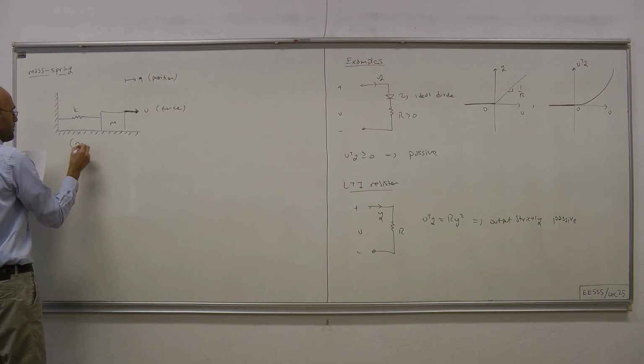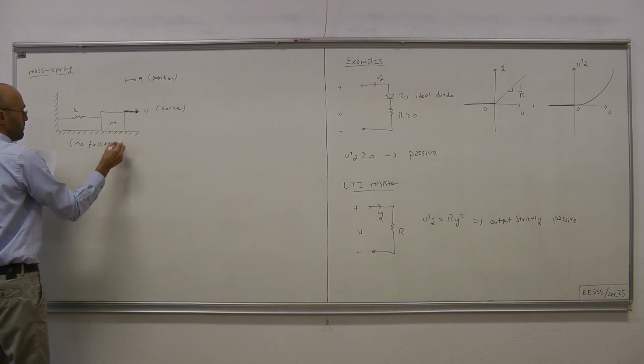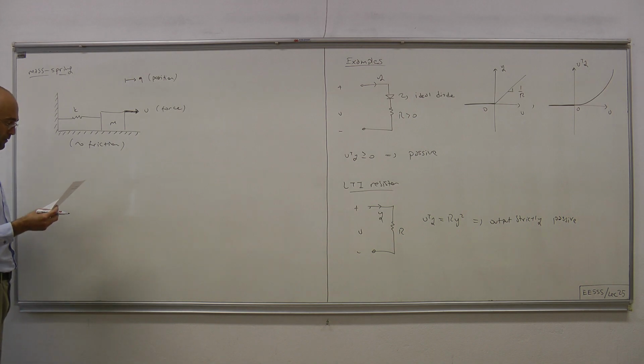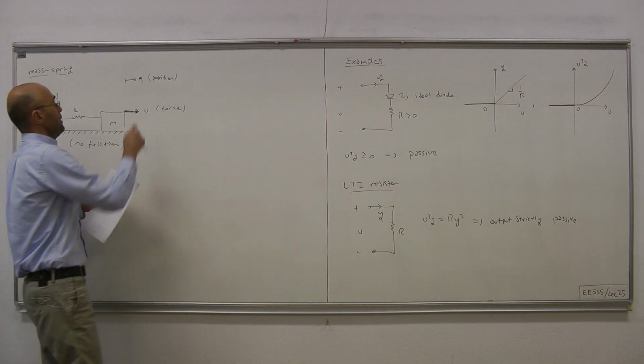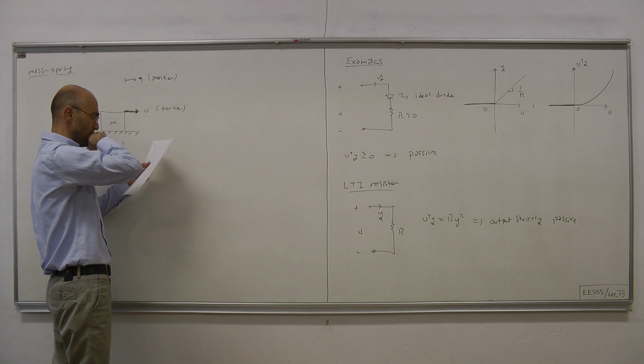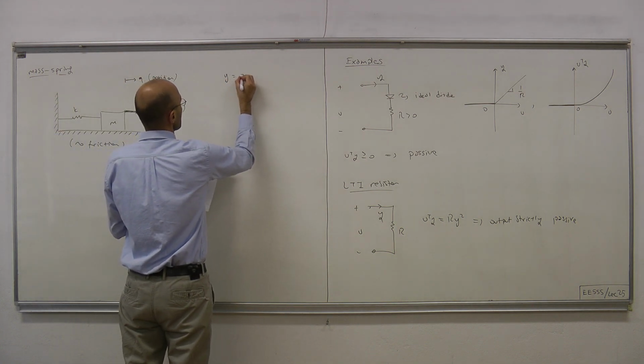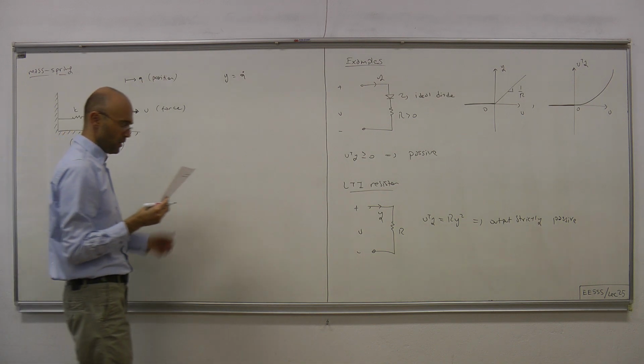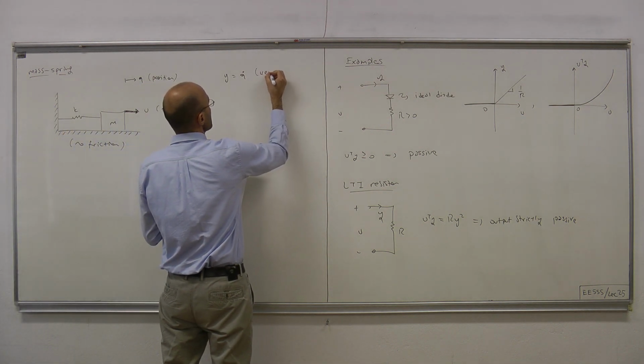And suppose that we can ignore friction for the system. Now, let's take velocity as the output from the system. So y equals q dot, the velocity.